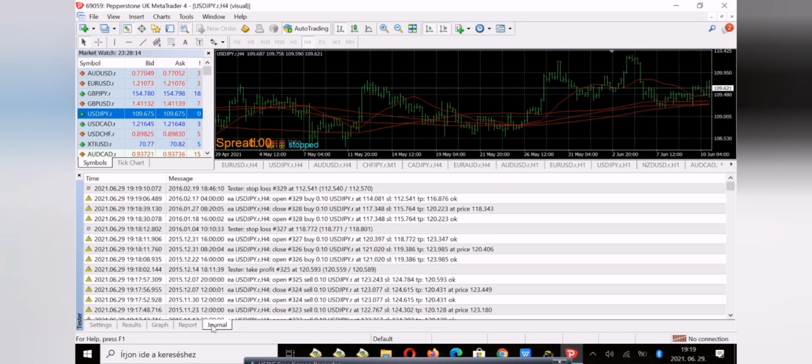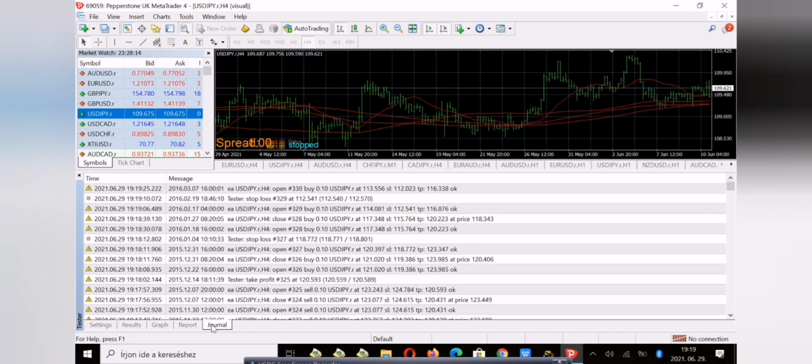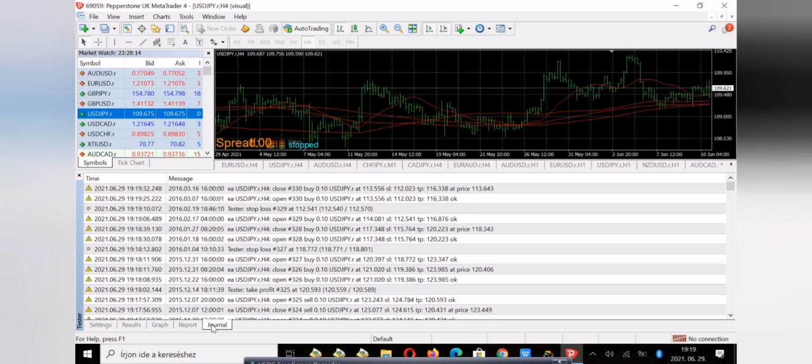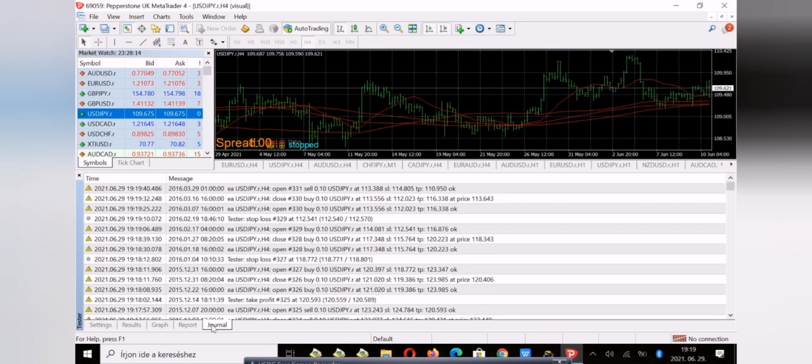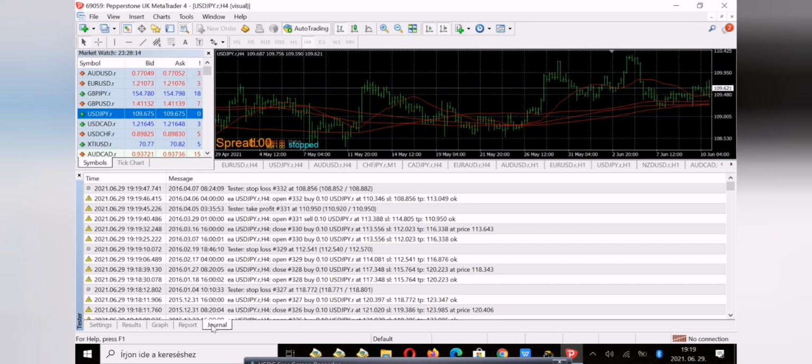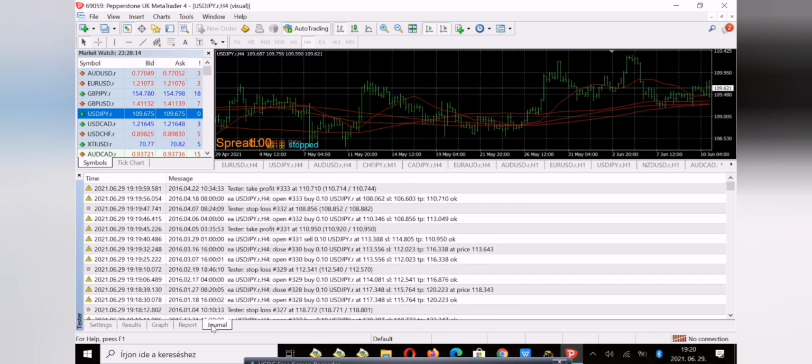So it doesn't mean that every time you will have a twice as big TP than stop loss, but on average you will have. And it is just a key in EA trading.